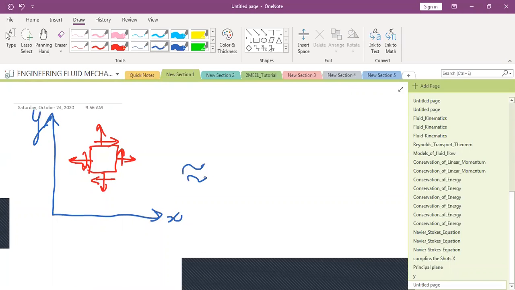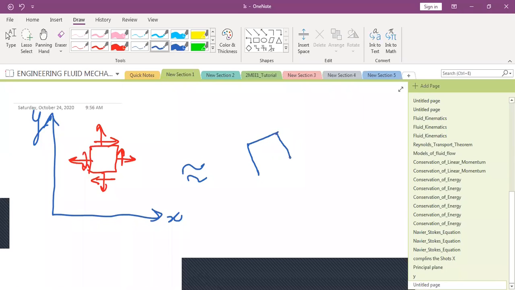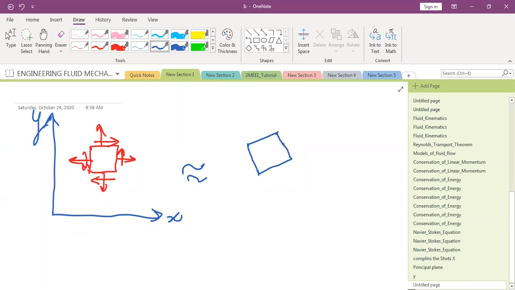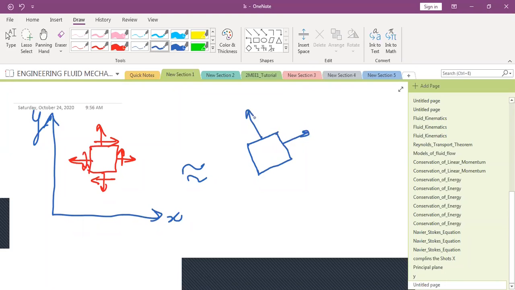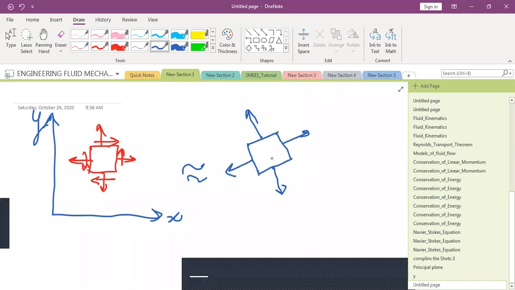I can write it down like this. Now please be careful in this. Can I write this as this?